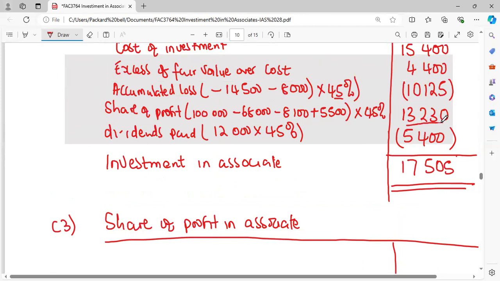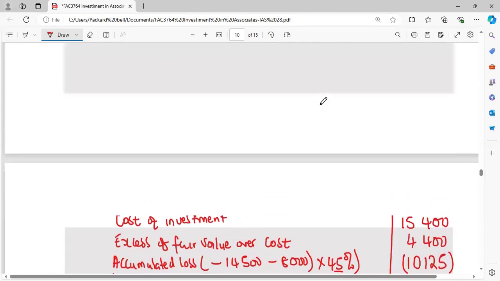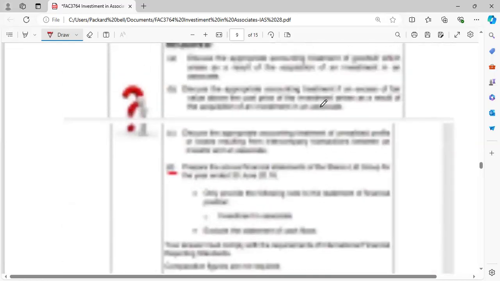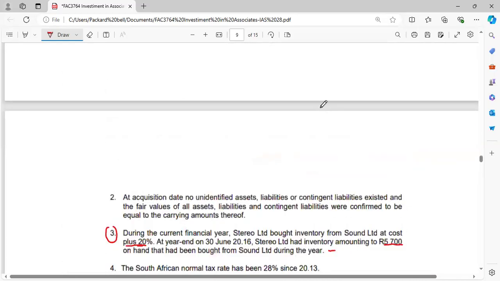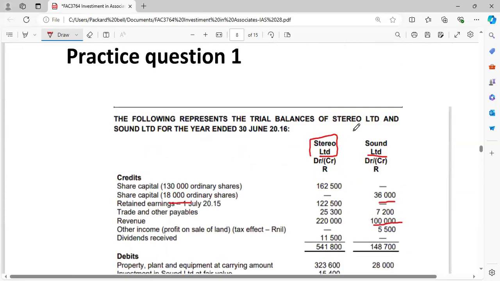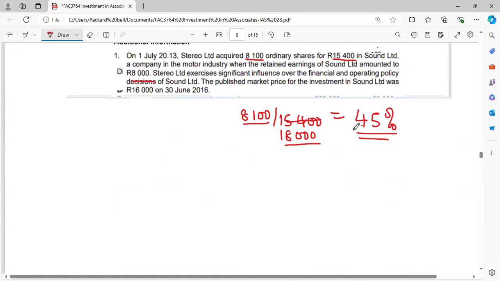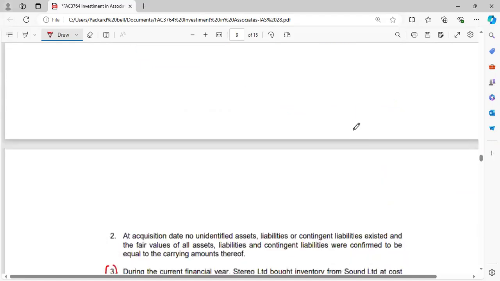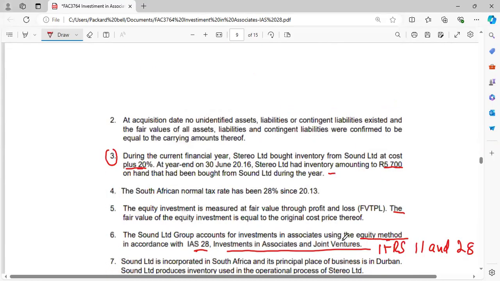So which means we have... now here, let me just go back to the question. Right here they say, during the current financial year, Stereo Limited bought inventory from Sound Limited.